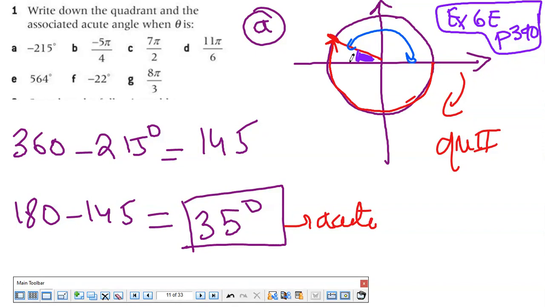I don't want to do the sign. It's 215. So what is the range for the blue part? 360 minus 215, so it's 145 degrees. This angle here is 145 degrees, and I know that all this angle is 180. So how are we going to find the acute angle here? It's 180 minus 145, so the acute angle is 35 degrees.